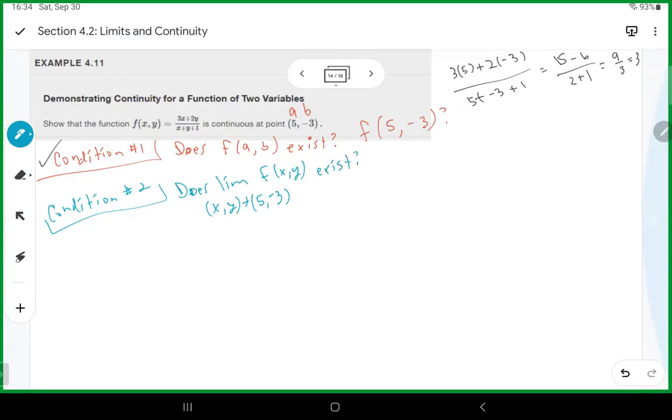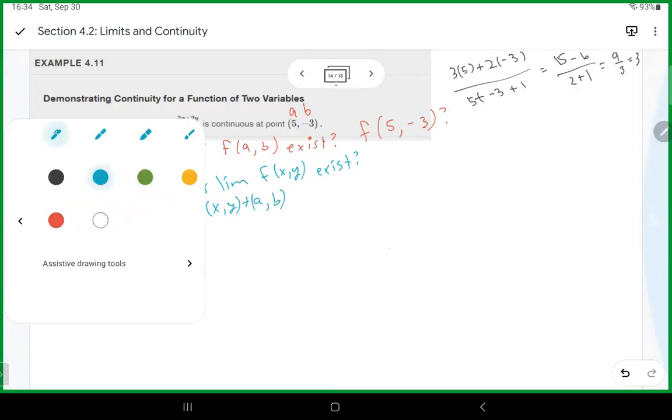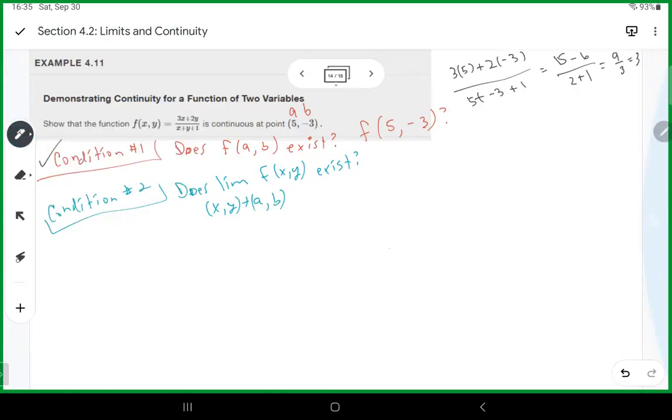So we need to see, well, if you're looking purely at a conceptualization level, this would be a b. So then we want to take the limit as x y approaches 5, -3 of 3x plus 2y over x plus y minus 1.